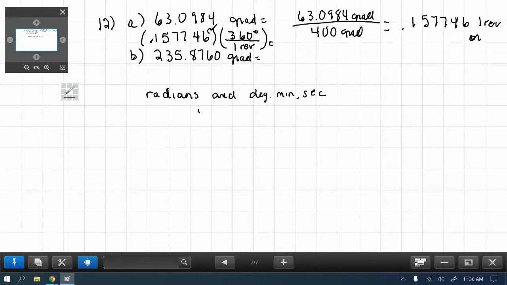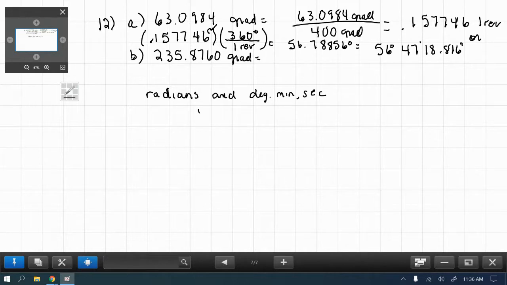And I got 56.78856 degrees decimal. But if I want to put it in degrees, minutes, and seconds, did you have 56 degrees, 47 minutes, 18.816 seconds? Can I convert that to radians? Times pi over 180.